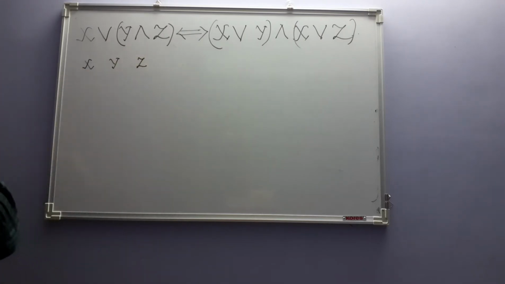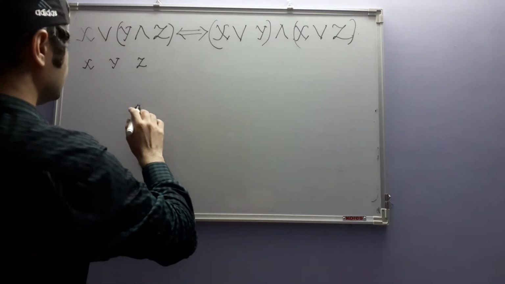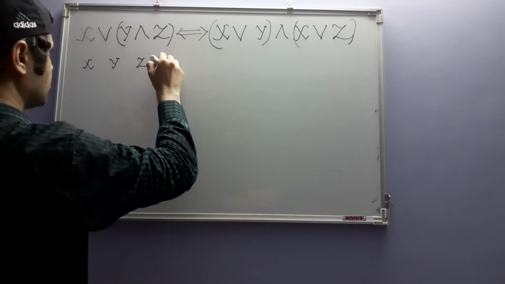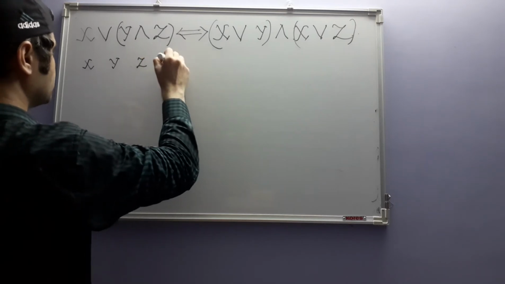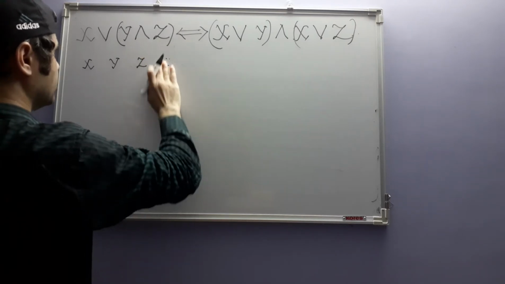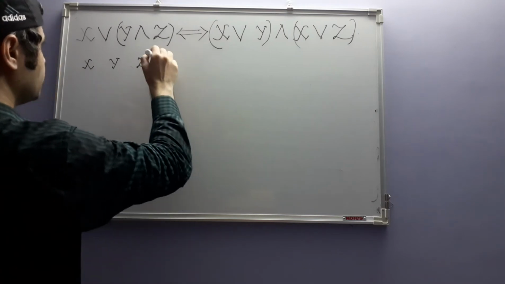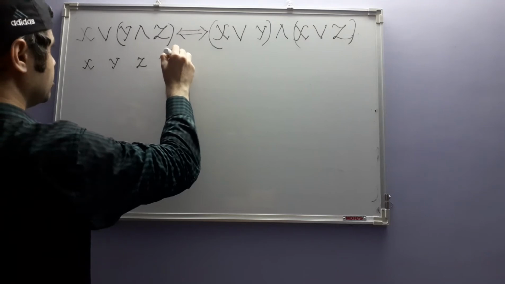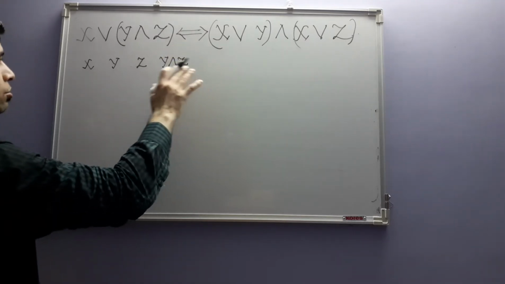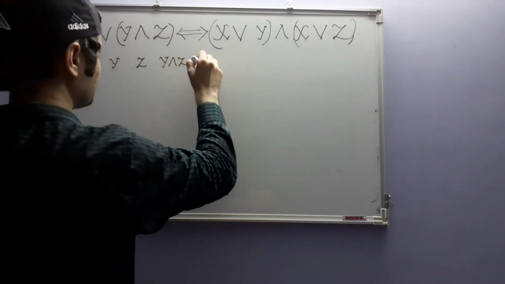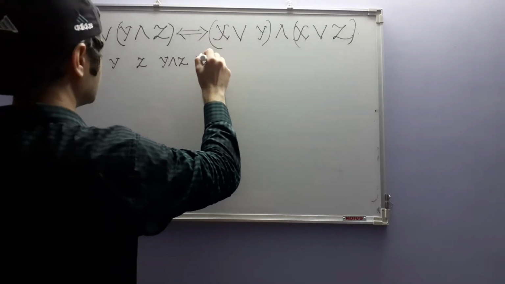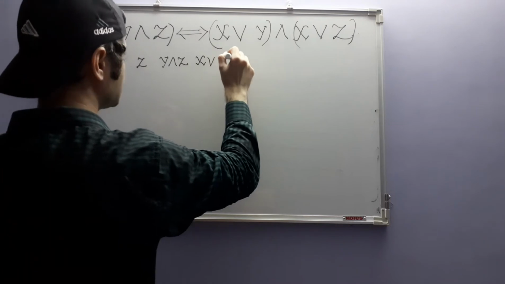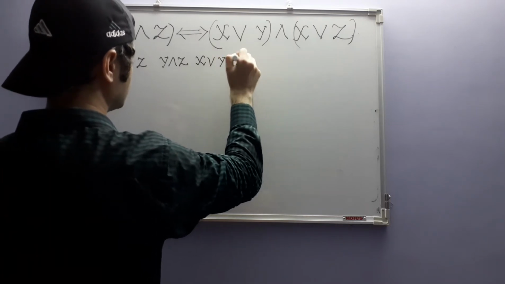8 rows, right? And also at the same time there are many columns. X, or, okay, let me go from simple to complex. Y and Z. Although we need not show all the columns, with practice we can reduce the number of columns, but since this is the first time, I want to show everything.